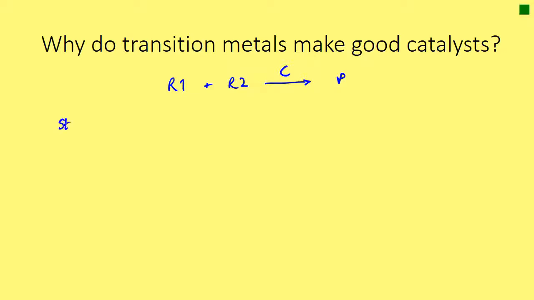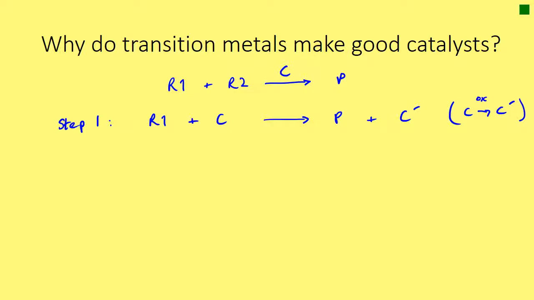So step number 1 might be the first reactant reacts with the catalyst and makes the product, but in the process the catalyst gets changed. It might be oxidized, for example, or indeed reduced. So let's put C to C dash, let's assume that's oxidation for now. It could be reduced, but it could be either one.